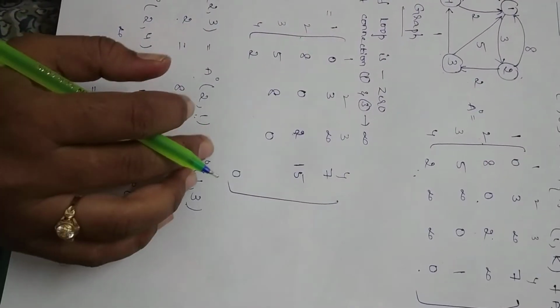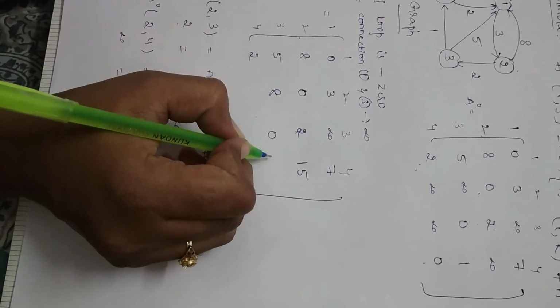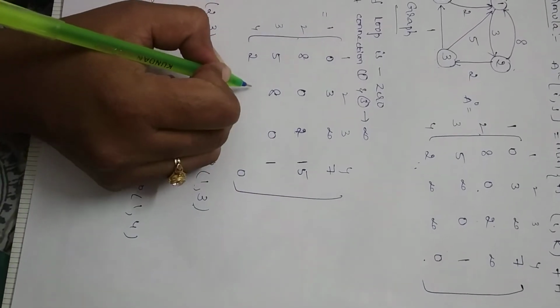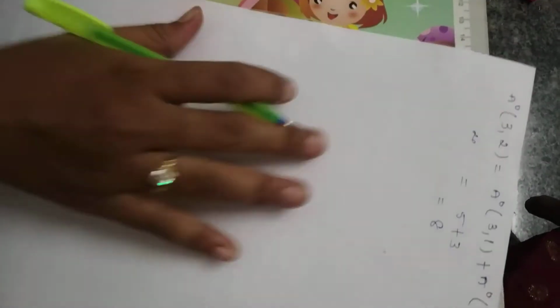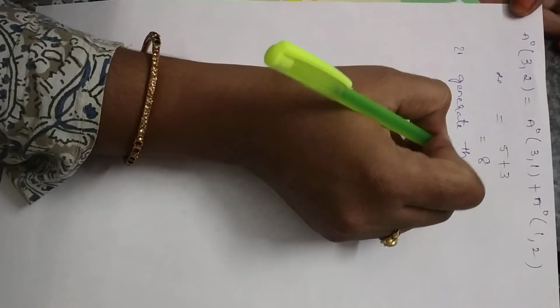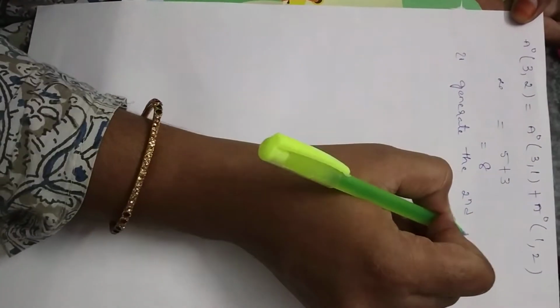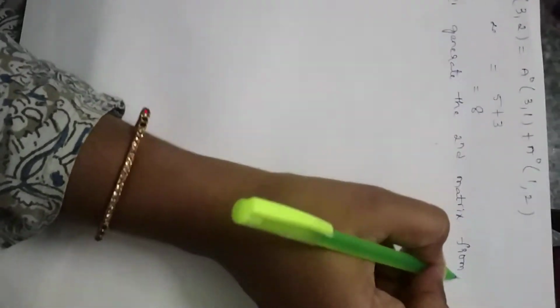I hope you understand all the values. So I put the values here: 1, 5, infinity, 0. Next, I generate the second matrix from the first matrix.